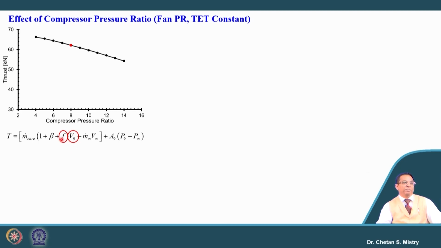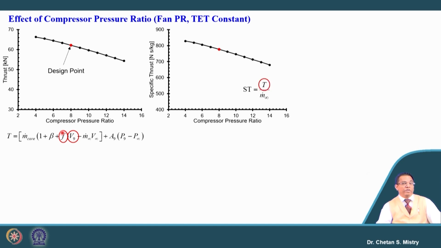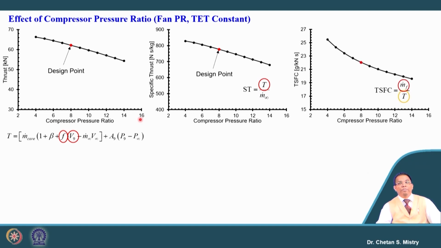At the same time, that is correlated with my fuel air ratio or fuel consumption. Since my thrust is reducing, we have a reduction in specific thrust. But at the same time, in terms of thrust specific fuel consumption, with increase of our compressor pressure ratio, the specific thrust will be reducing.